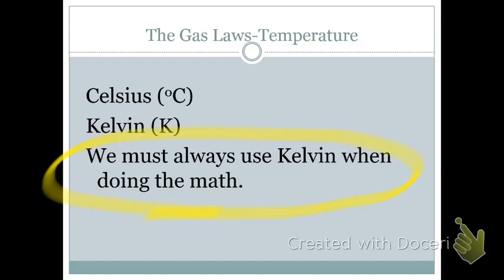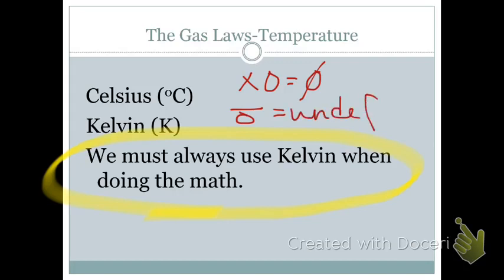Why? Because any number times 0, which is degrees Celsius, is going to be equal to 0. Can't use it. And any number divided by 0 is going to be what we call undefined. Again, can't use it. So we always use Kelvin when we do the math.